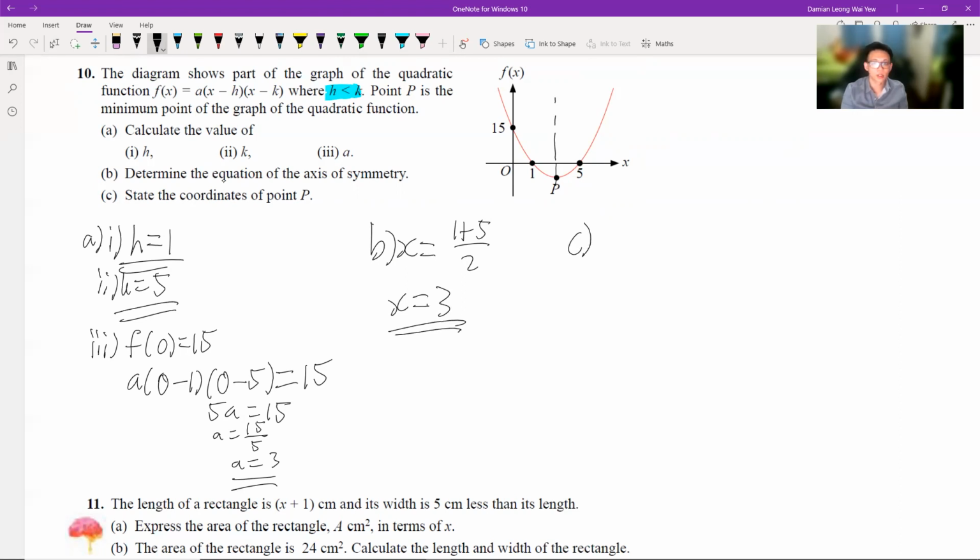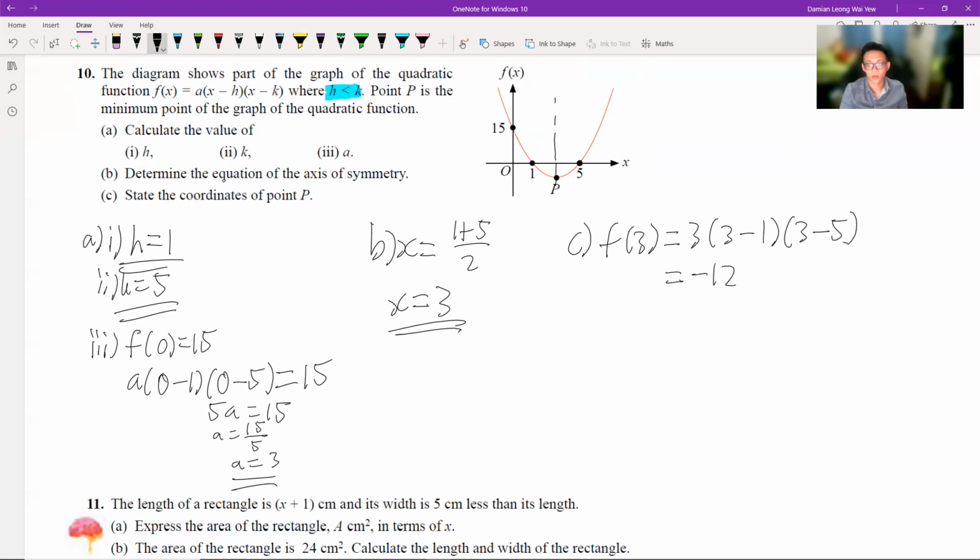Part C, coordinate of point P. I know the x, find the y. Means F3. 3 times 3 minus 1, bracket 3 minus 5. 3 times 2 times negative 2.